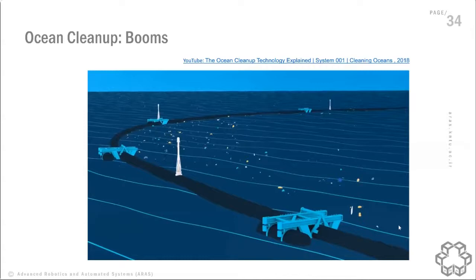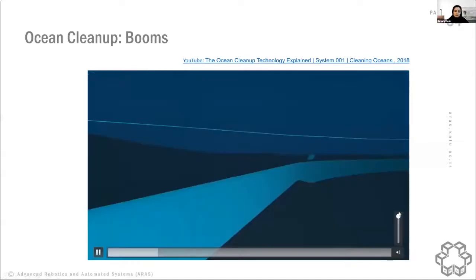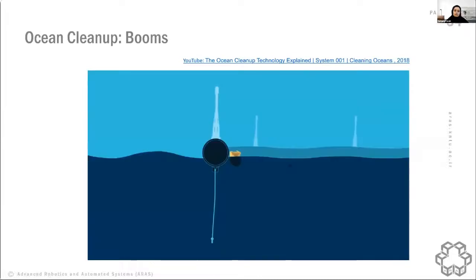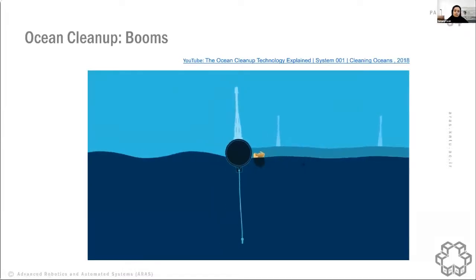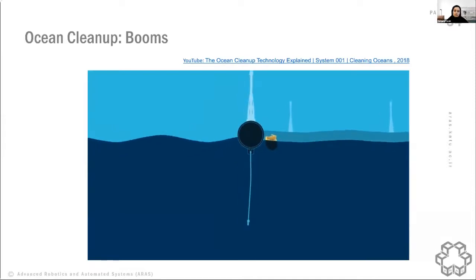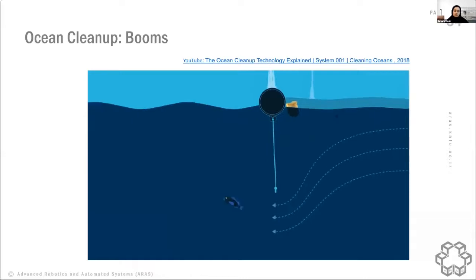The system consists of a 600-meter-long floater and a 3-meter-deep skirt attached below. The floater provides buoyancy to the system and prevents plastic from flowing over it, while the skirt prevents smaller particles from escaping underneath. As the impenetrable skirt creates a downward flow, marine life can safely pass beneath it. Here is how the system catches plastic.